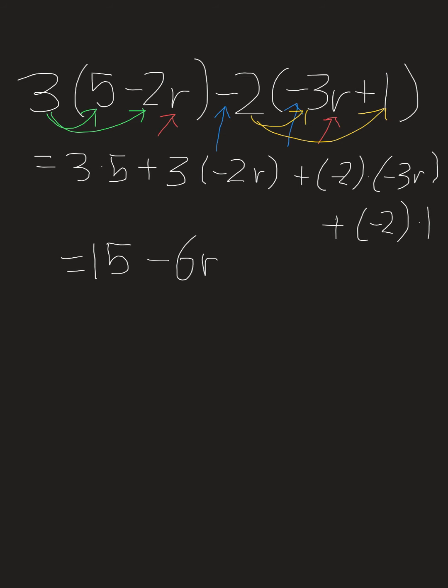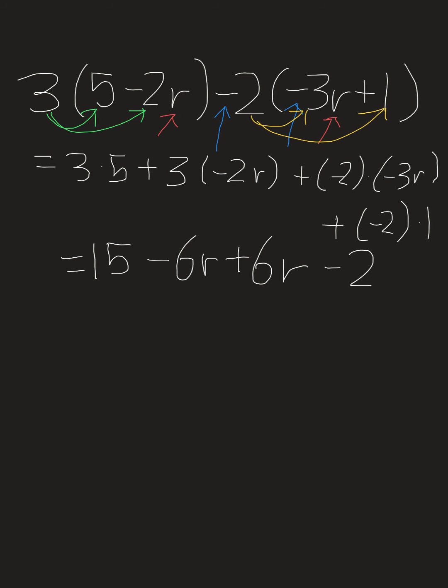So negative 2 times negative 3 is positive 6r. And then negative 2 times 1. Anything times 1 is itself. So minus 2.